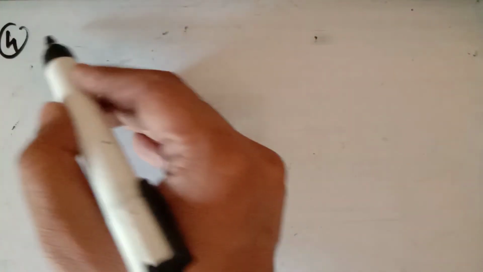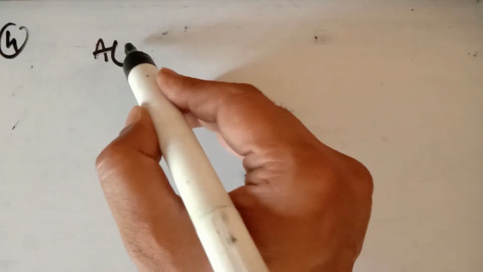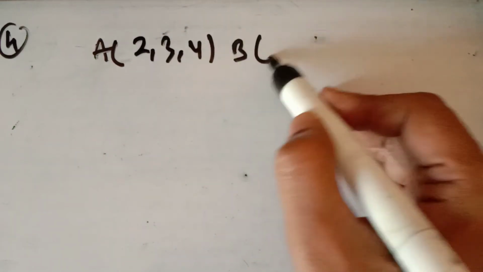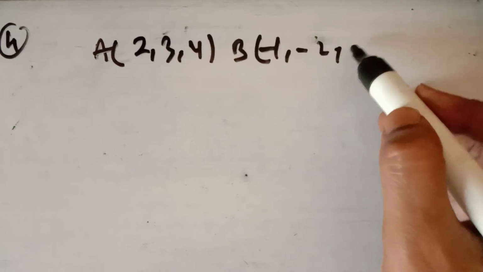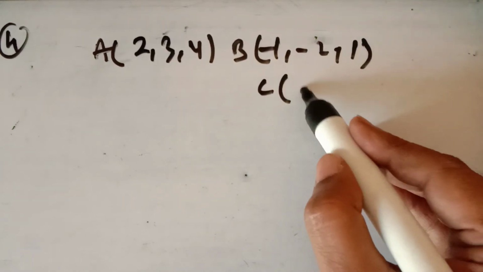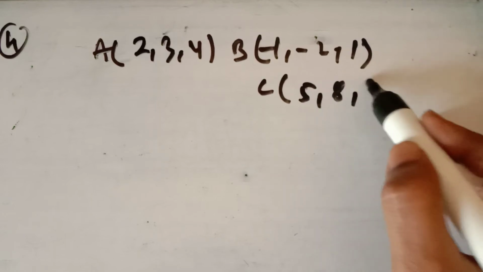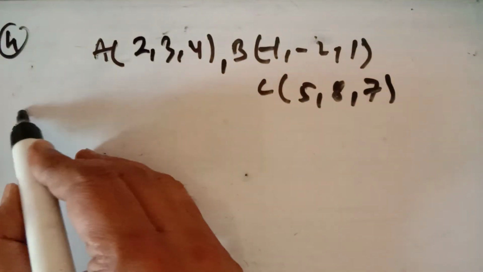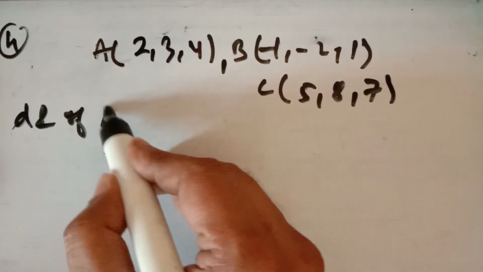Now in question number 4, you have to show that these 3 points are collinear. This type of question you have done in vectors also, and the easiest way to prove that points are collinear is to show that their direction ratios are equal. First of all, find the direction ratio of AB.